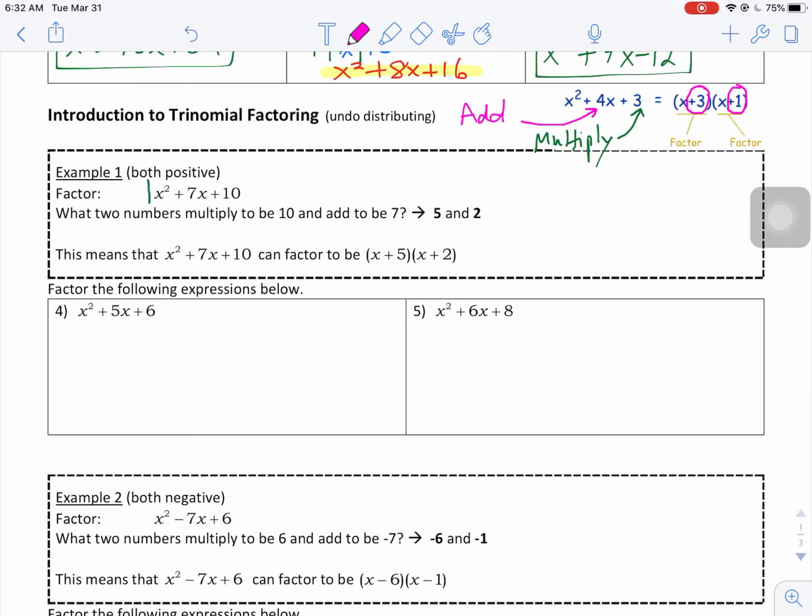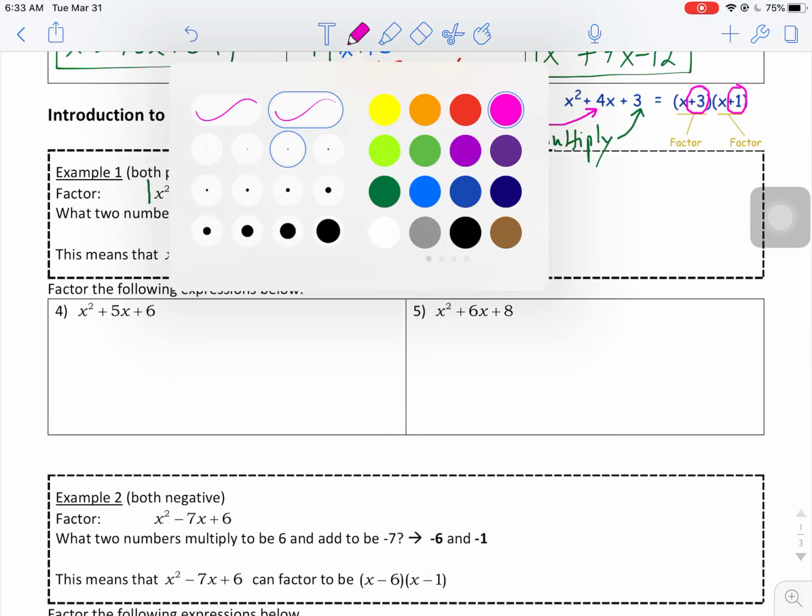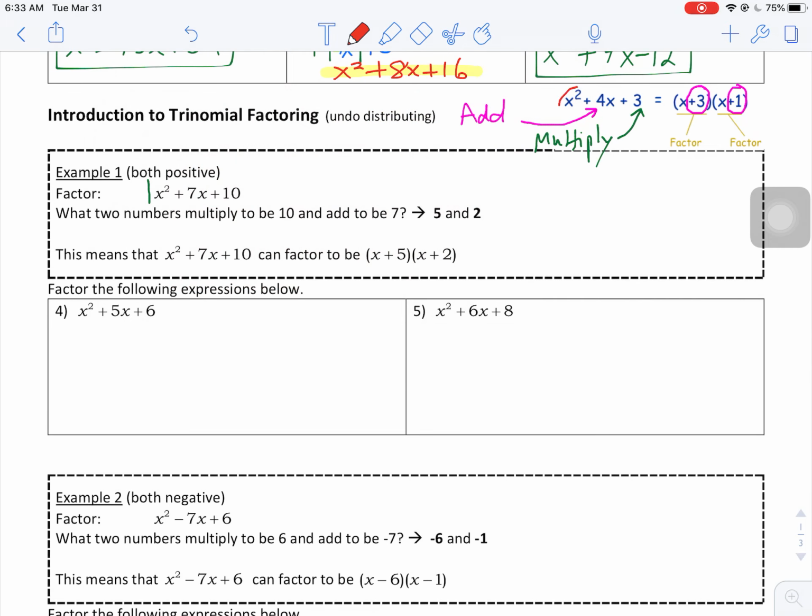Once you find the two numbers that work, they go right where you see the 3 and the 1 that I circled. The x in the front slot of the two sets of parentheses comes from the fact that you're trying to break apart an x squared into x times x.